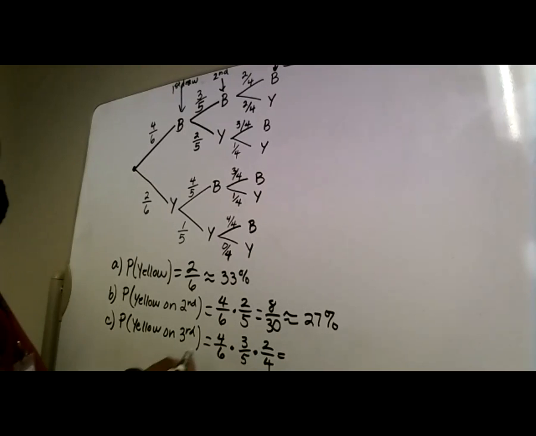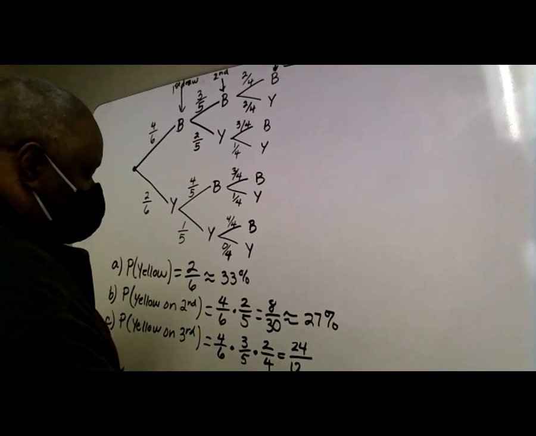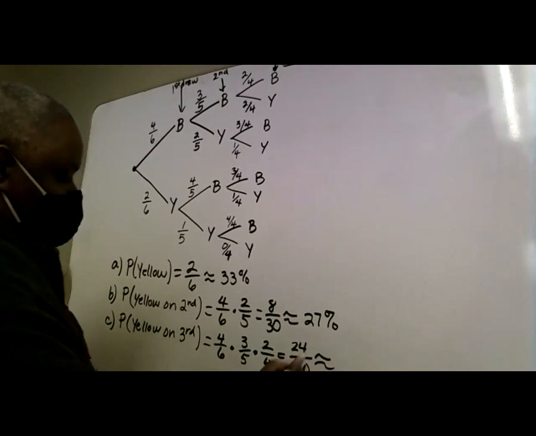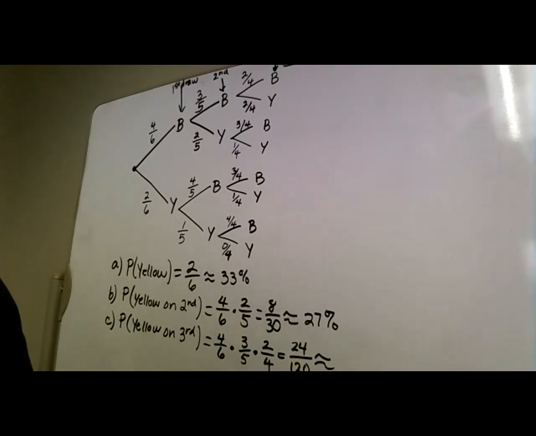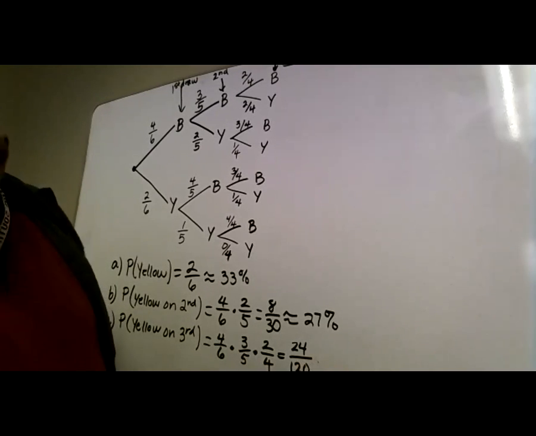And this will be 4 times 3 times 2, that's 24 out of 120, which is, of course, actually 20%.